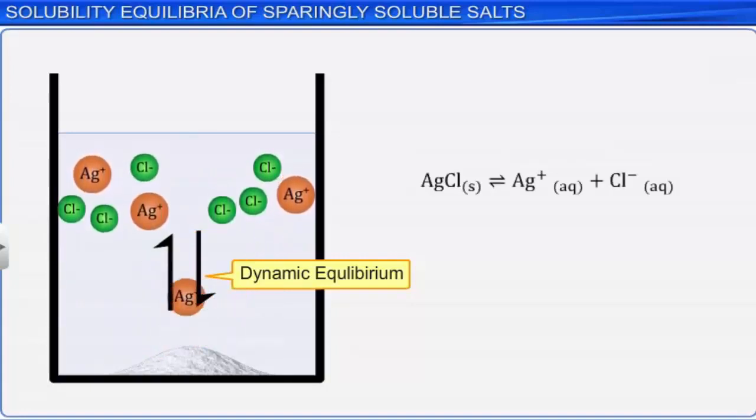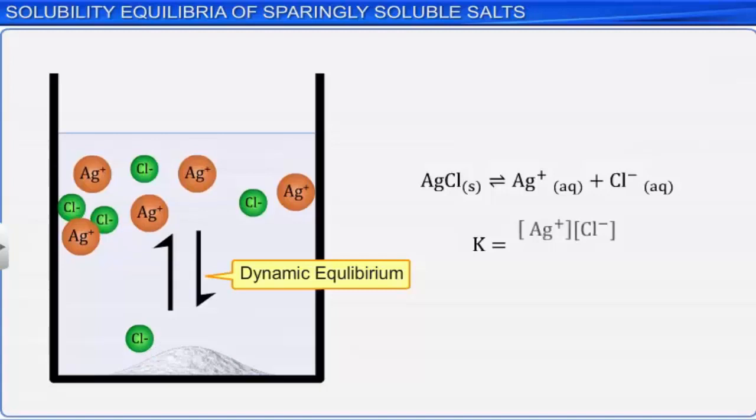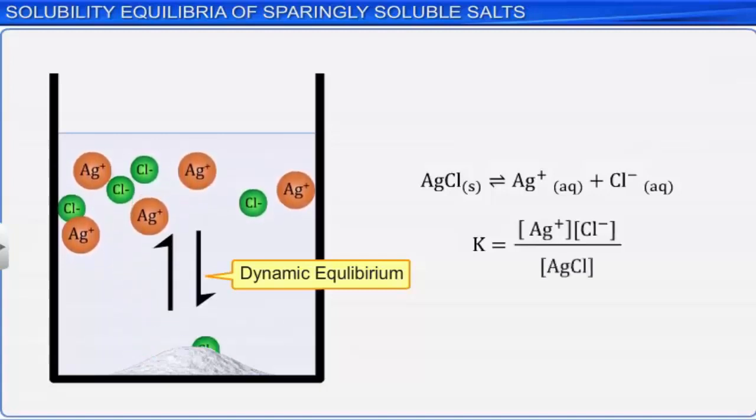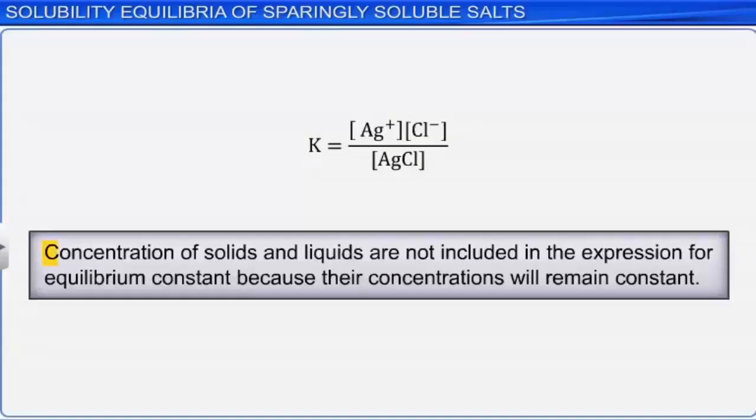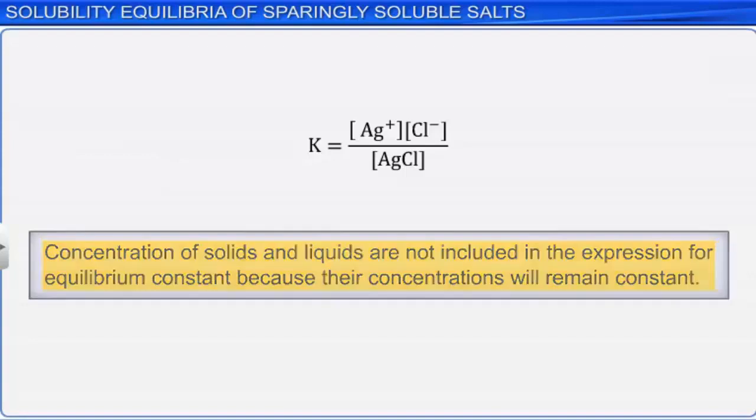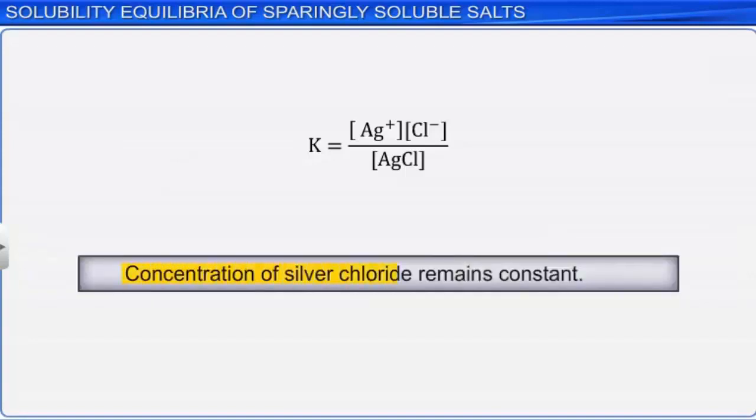The equilibrium constant for this equilibrium can be written as K equal to the product of concentrations of silver ion and chloride ion divided by the concentration of silver chloride. You have learned that the concentration of solids and liquids are not included in the expression for equilibrium constant because their concentrations will remain constant.